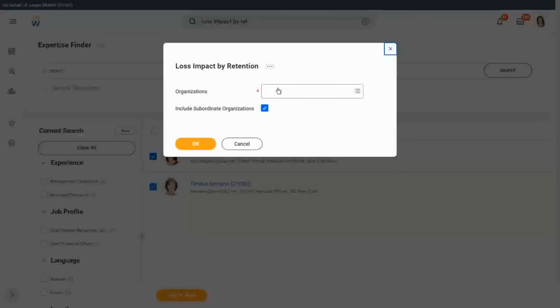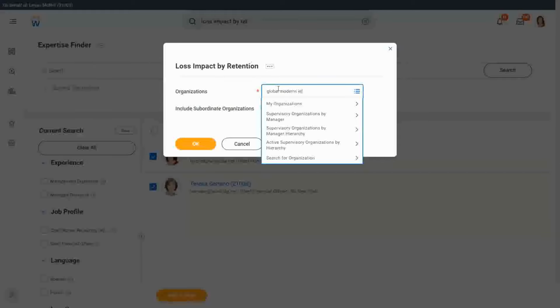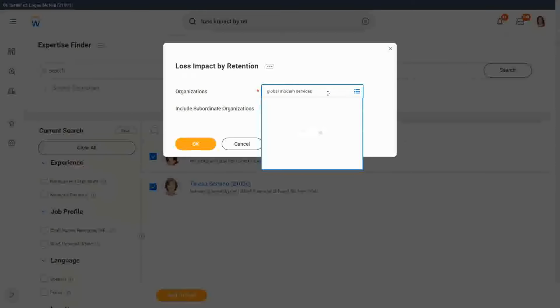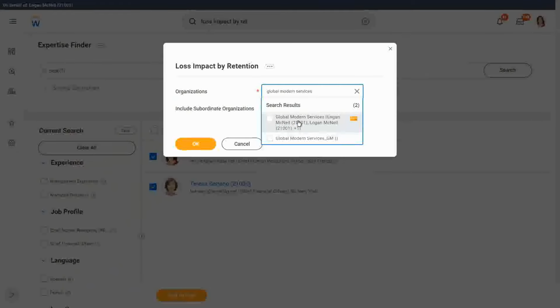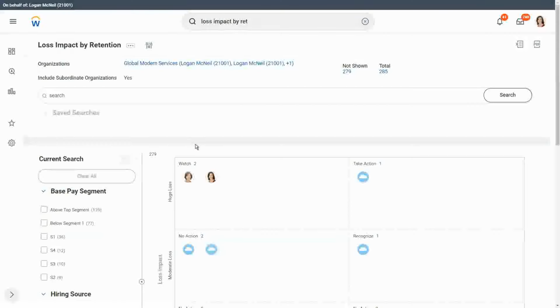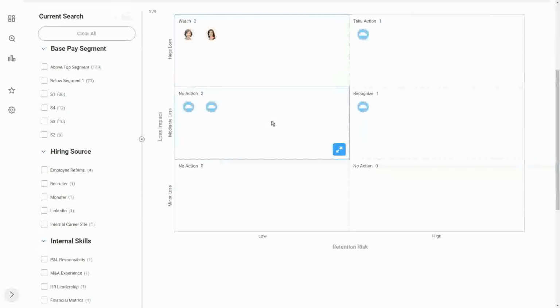I want you to take a look at this. I hope we have some data here, because otherwise it will be very bad. Oh, not shown 279. Why not?